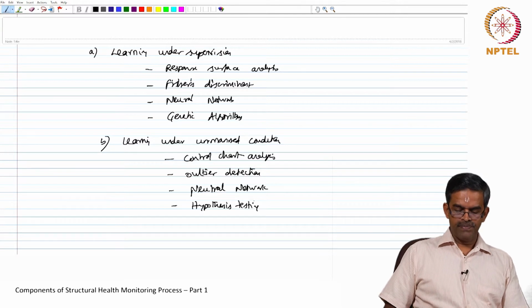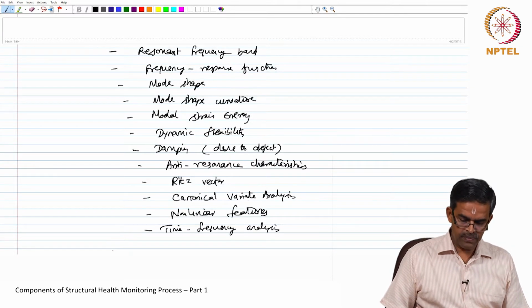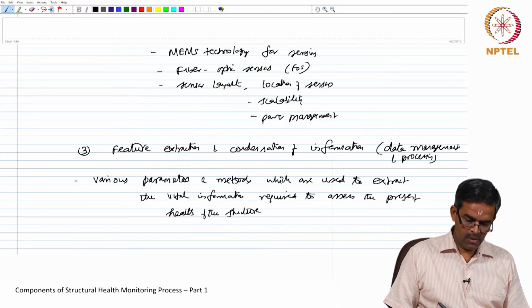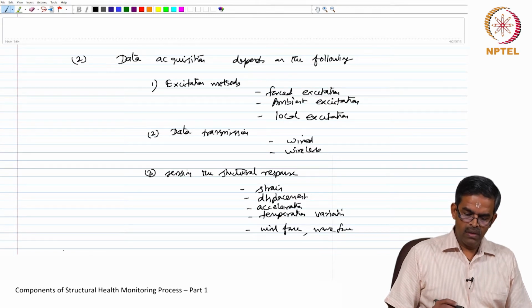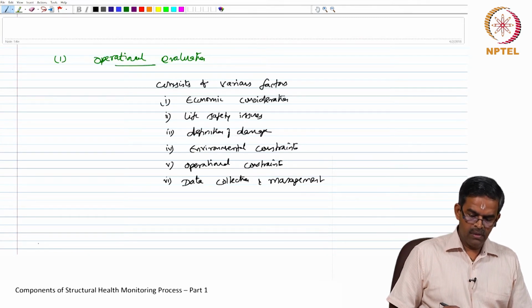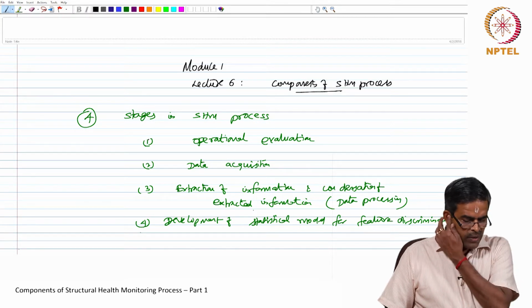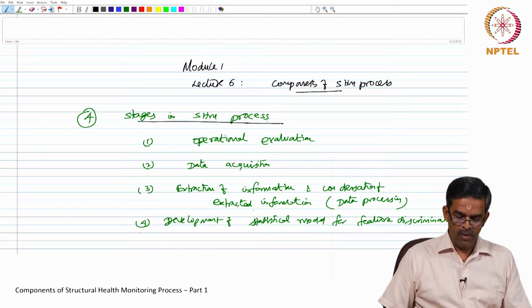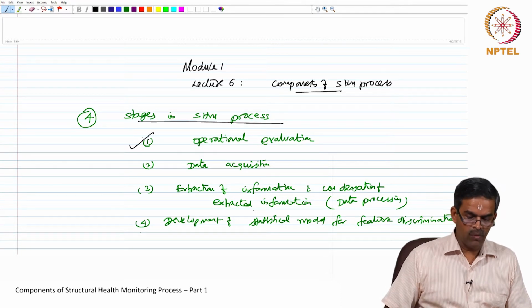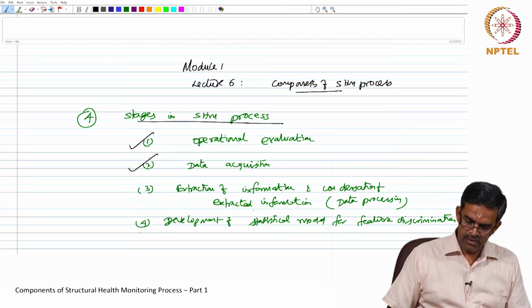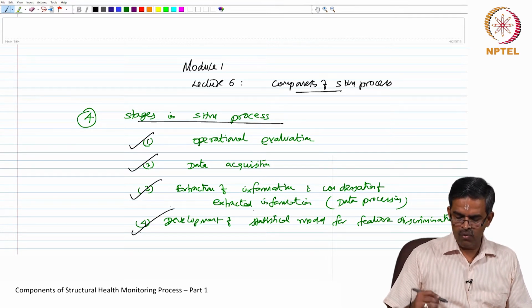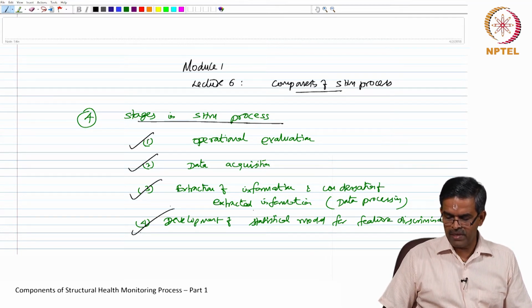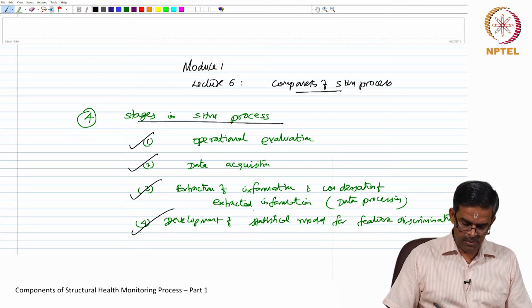So, friends, we have seen different stages in SHM process which deals with operational evaluation, acquisition, extraction of information and data processing and management, and fourth will be the development of statistical model for feature discrimination.